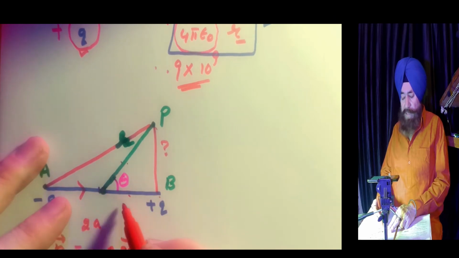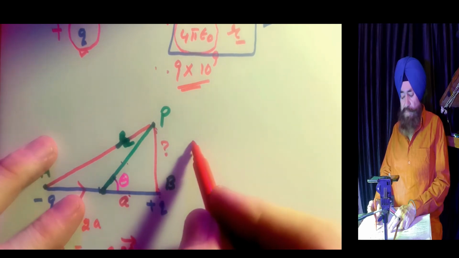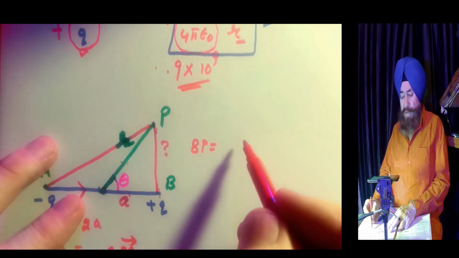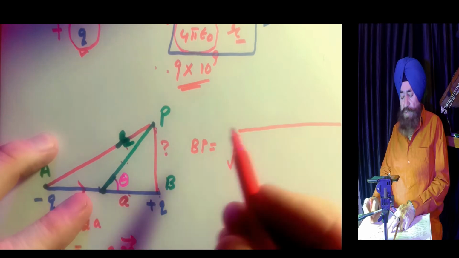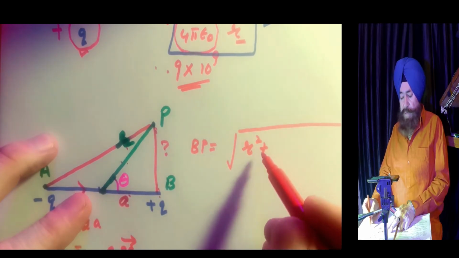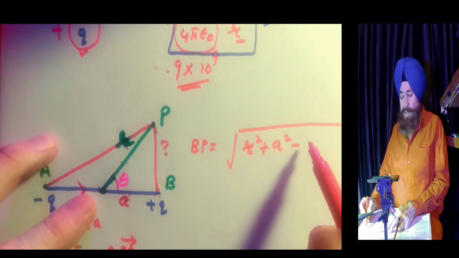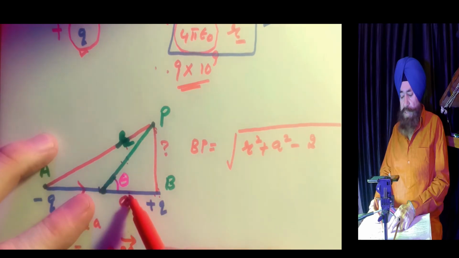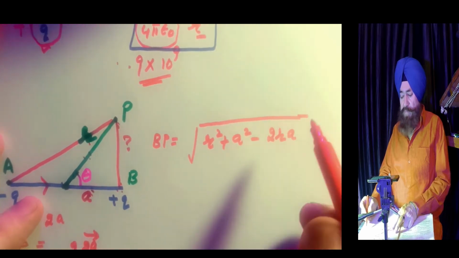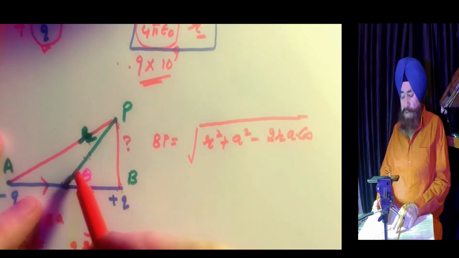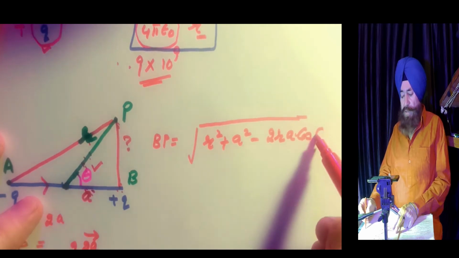From here to here the length is a. By the cosine formula, this length BP will be the square root of R square plus a square minus 2 into R into a, then cosine of the angle between the two. The angle between the two is theta, cosine of theta.